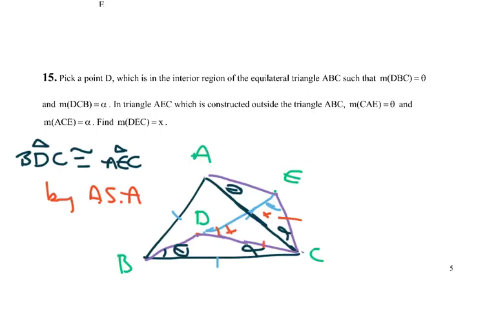Then if you look at this angle here, because ABC is equilateral, this angle here must be 60 minus alpha. And then if we look at triangle DEC, we can see that this whole angle here must equal 60, and therefore X must also equal 60.